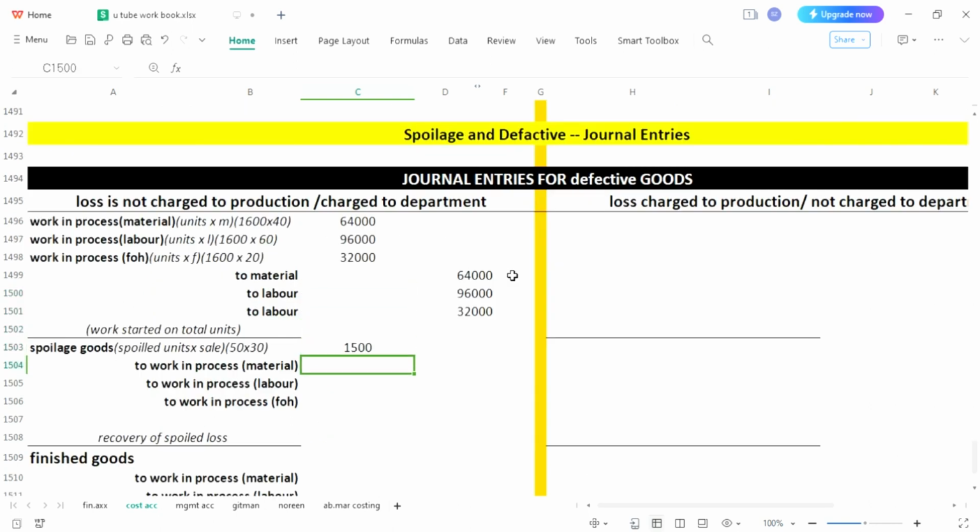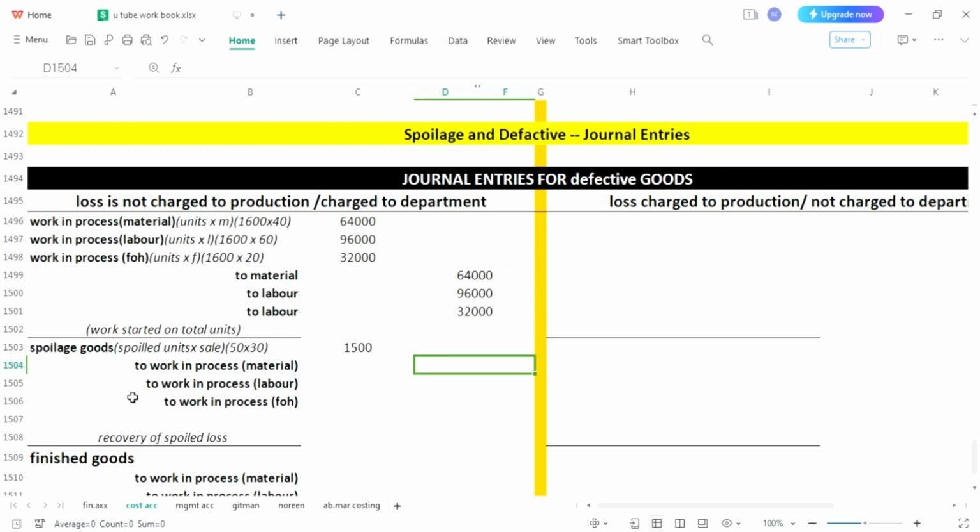Alright, now the most important part is to divide this 1500 into three parts. For that purpose, this is the total cost of material. You can name it as capital M. This is capital M, capital L, or capital F, and then we need to divide it by total amount.